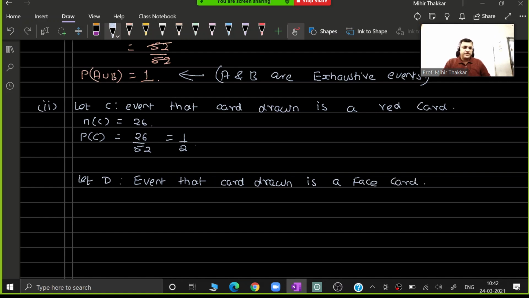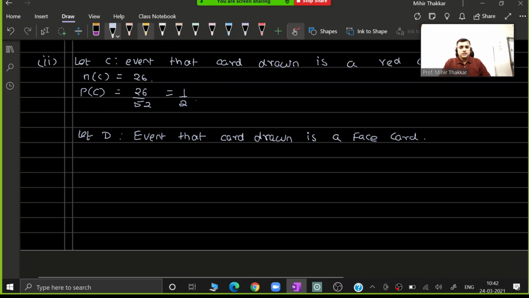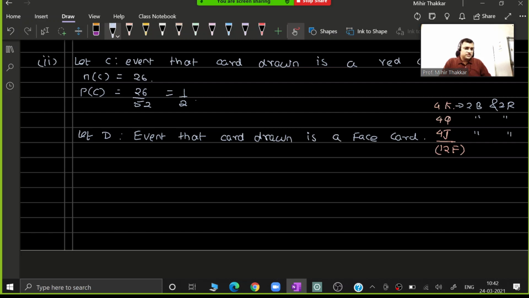is a face card. So if you remember, we had discussed while we were solving the cards problem that there are 4 kings, 4 queens and 4 jacks. So totally 12 face cards, and in this also we have 2 black and 2 red in each of the cases.